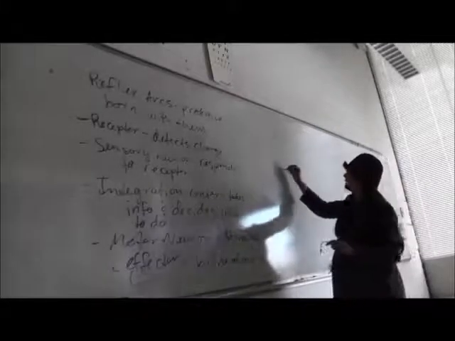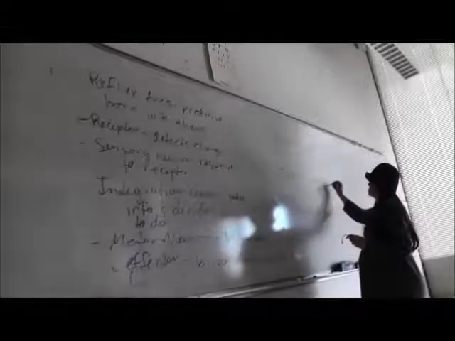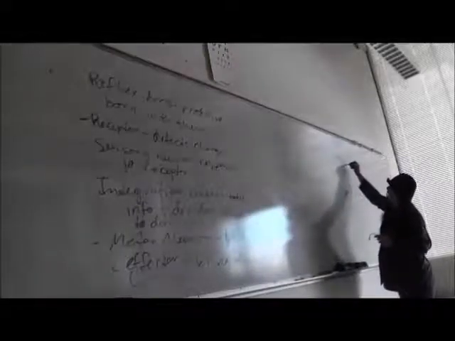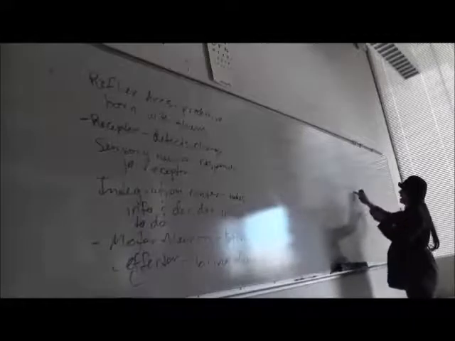In a tendon reflex, the stimulus is dangerous levels of tension. I guess I should say dangerous levels of stretch of the muscle. For our tendon, it's dangerous levels of tension, which is going to stretch the tendon.